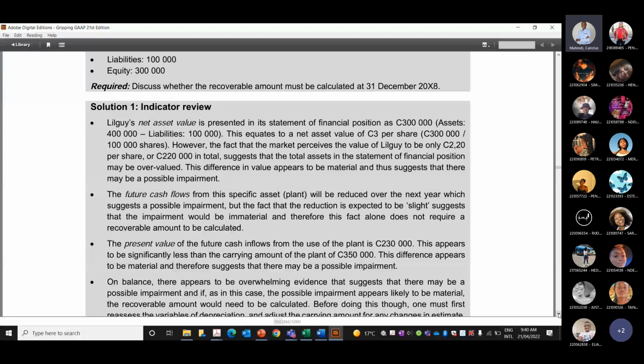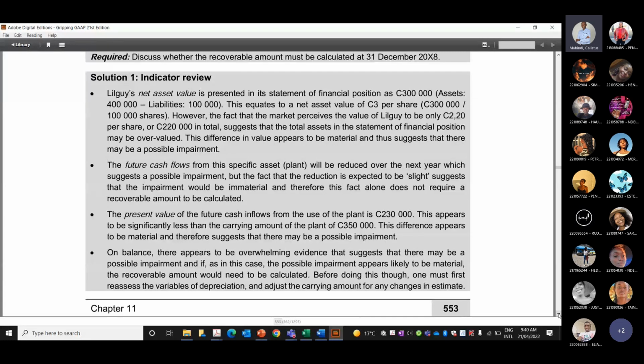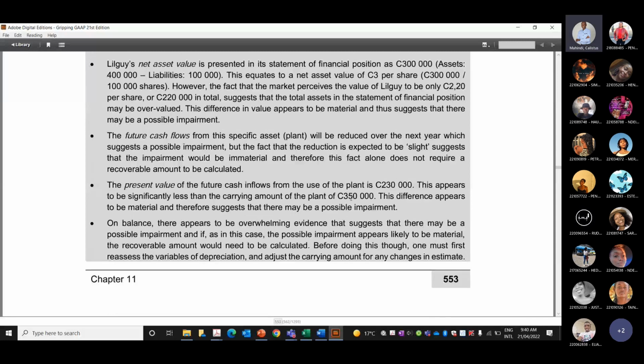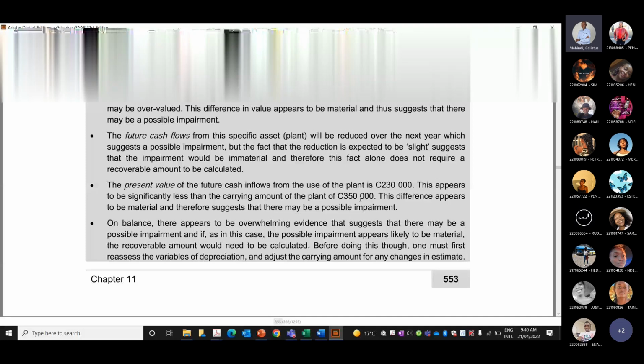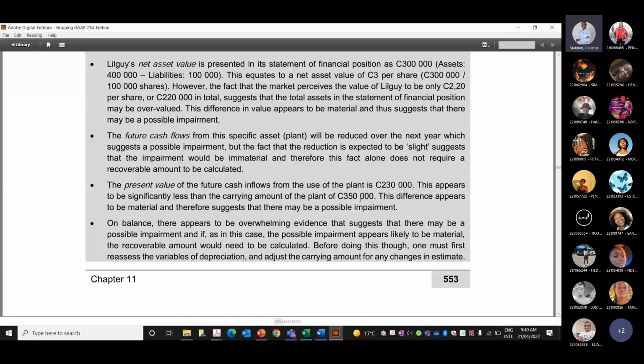On the balance, there appears to be overwhelming evidence that suggests that there may be a possible impairment. And if, as in this case, the possible impairment appears likely to be material, the recoverable amount must be calculated. By doing this, though, one must first reassess the variables of depreciation and adjust the carrying amount for any changes in the estimate.